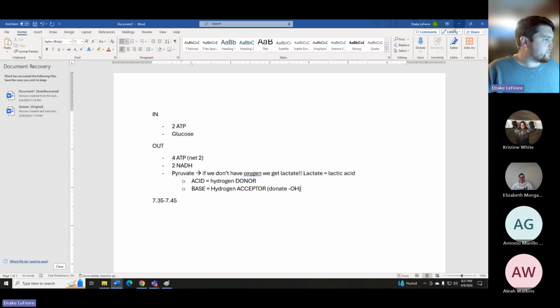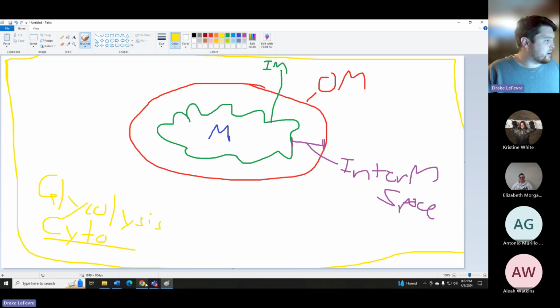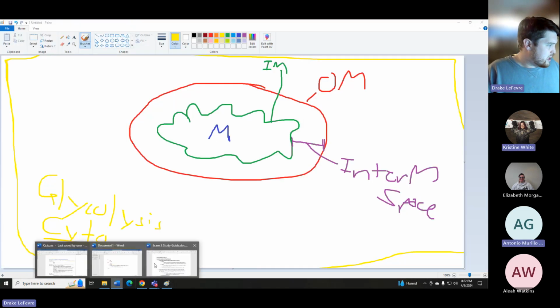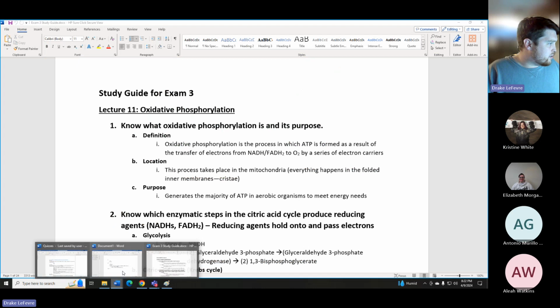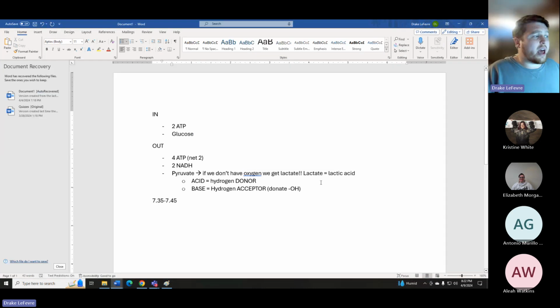Sweet. So we have all of our stuff with glycolysis. Actually, we're going to continue with that, because we now have pyruvate. That was if we don't have oxygen. In a state where we don't have oxygen, what's that called?